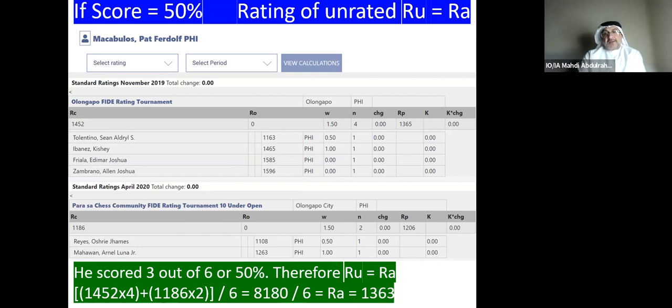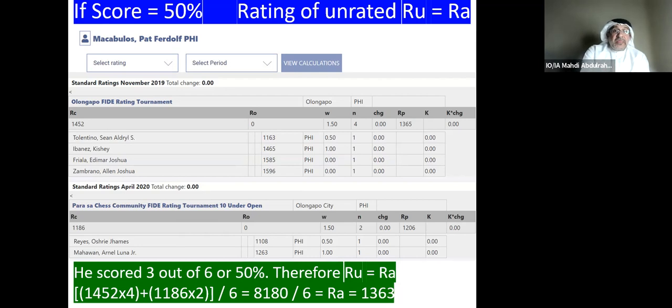So this is the initial rating for the player. Is it clear? So if he scored 50%, he will take the average rating of opponents. If he scored more than 50%, for each half point plus rating average, this will be the initial rating.